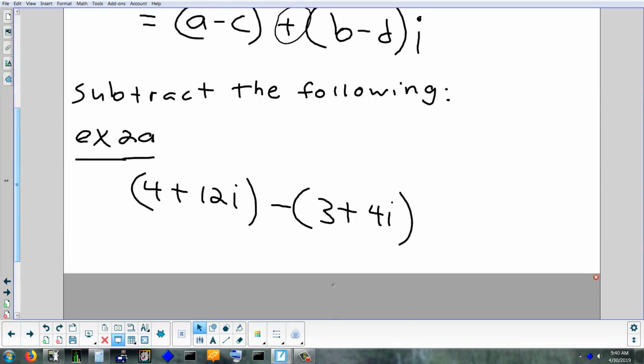So let's try to subtract these. 4 plus 12i minus 3 plus 4i. Right, so Peter, if I subtract these two complex numbers, what's the real part going to be in my final answer? You have to distribute the negatives.